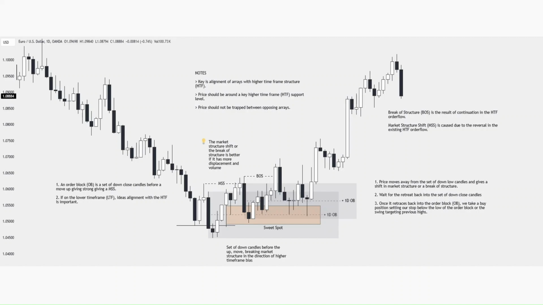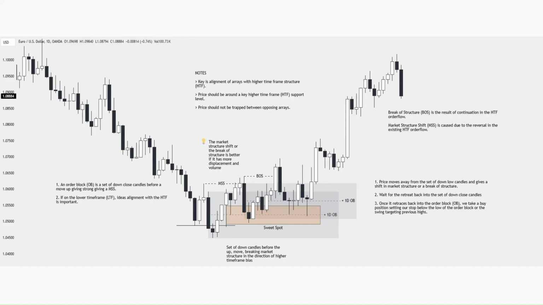Existing bearish order flow, the market has gone to the opposite and turned it bullish. This break of the high, which turns the existing bearish order flow to bullish, is called market structure shift.